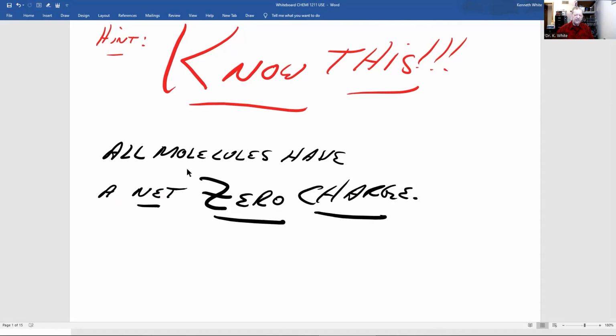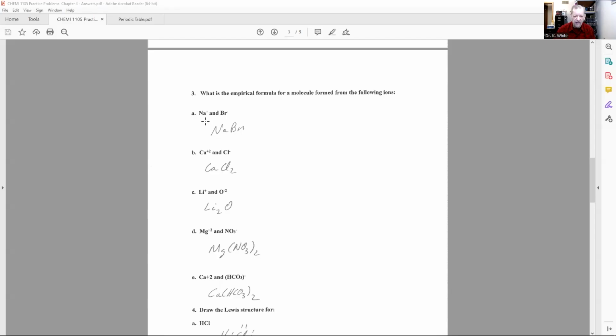All molecules. So if I ask, what is the empirical formula for a certain set of ions, how do you do that? Well, if we look at sodium as a +1, bromide ion, Br minus, so -1, well, that adds up to 0. So if there's one of these, the empirical formula is NaBr.